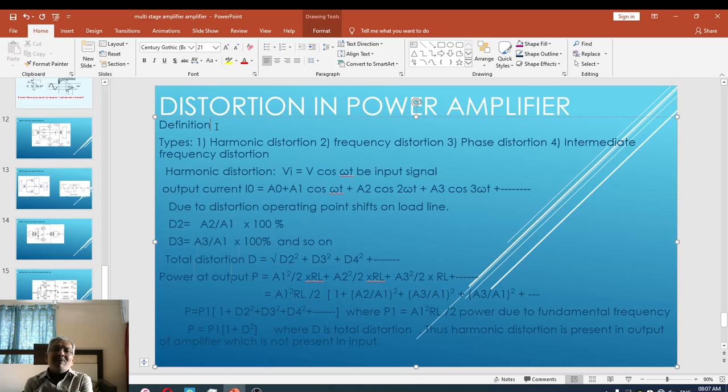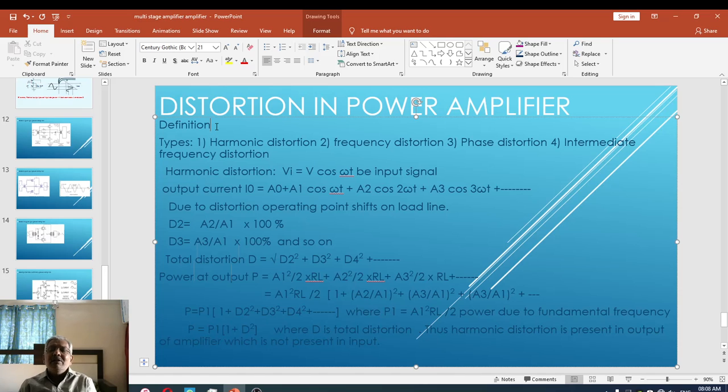In case of a voltage amplifier, as it is a small signal amplifier, the distortion is not so significant. But in case of a power amplifier, the distortion appearing is totally significant.